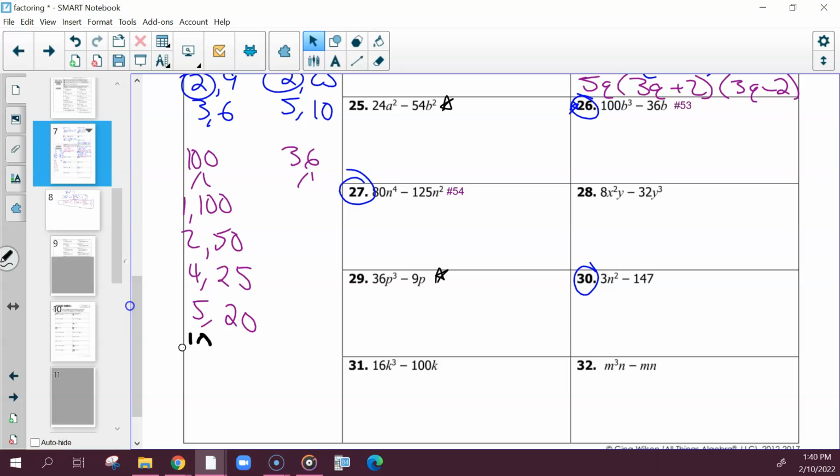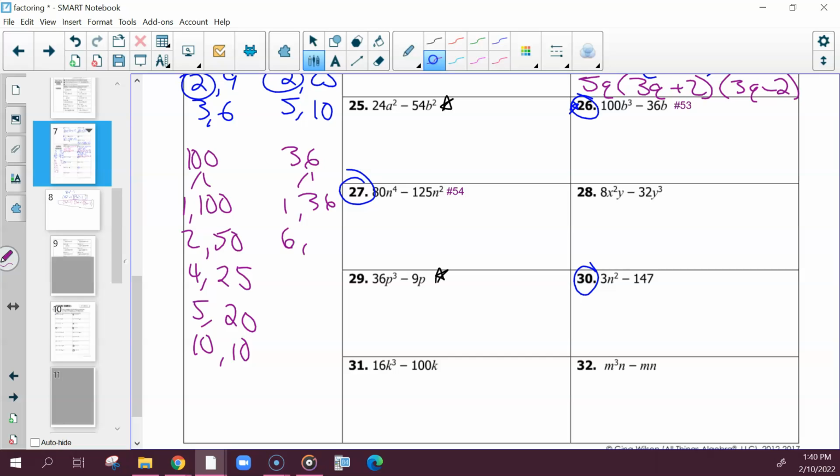Okay, and then 36. 1 and 36, 6 and 6, 2 and 18, 3, 4 and 9, 12.